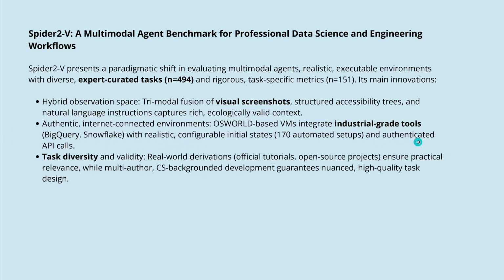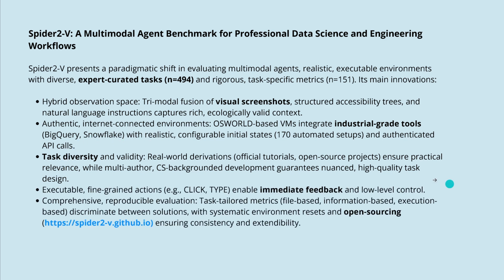You have to authenticate your API calls. You have a real diversity of tasks, whatever it is, and you get immediate feedback, and the whole thing is open source. And yes, this exists here. Go to the Spider 2 Visual extension GitHub.io, and you have here all the data and all the tests.